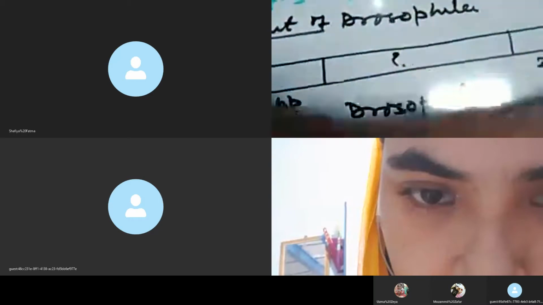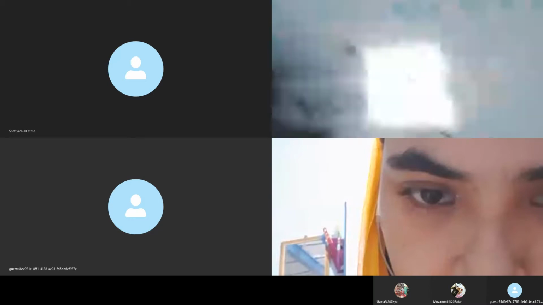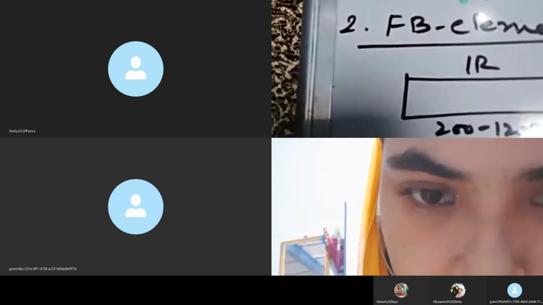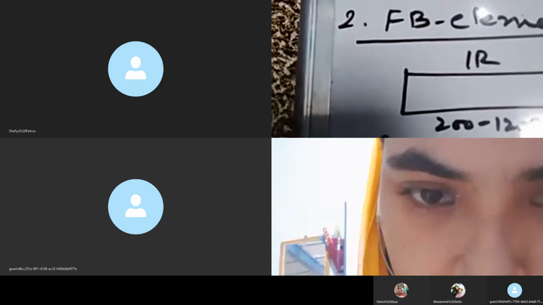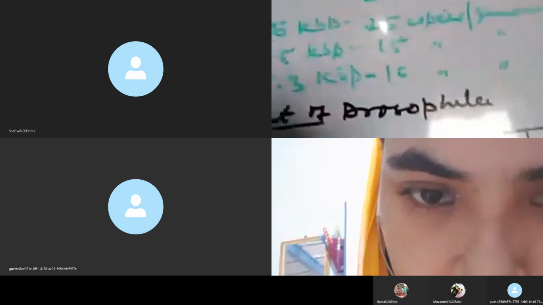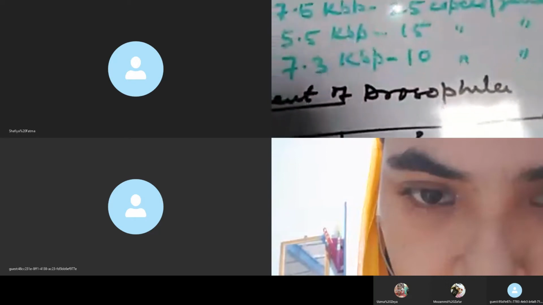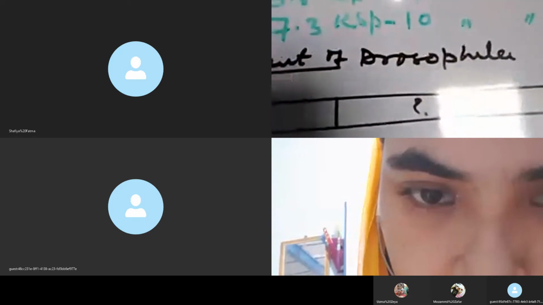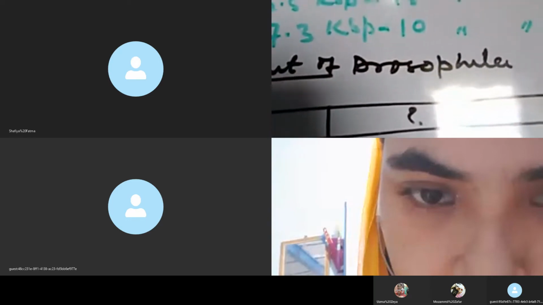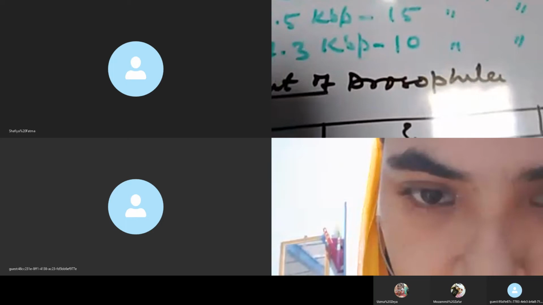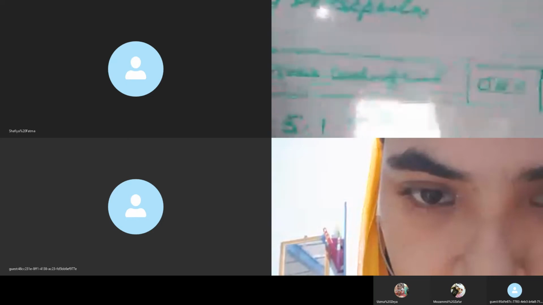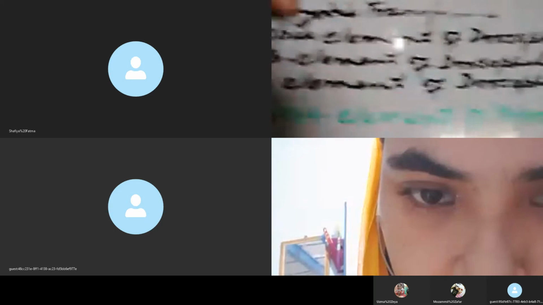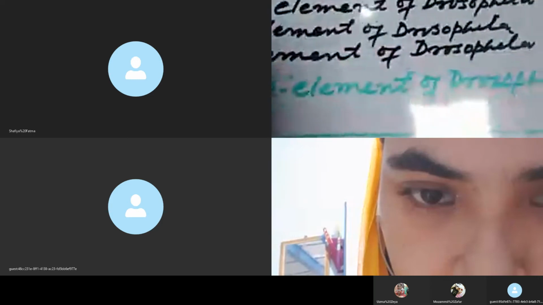The P element has short terminal repeats at the ends, consisting of 31 base pairs. So the P element is not an example of a retrotransposon. Rather, it transposes itself in the form of DNA. So this is all about these three transposons: Copia-like elements, FB elements, and P elements of Drosophila.